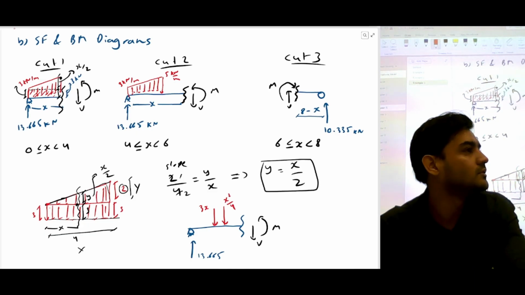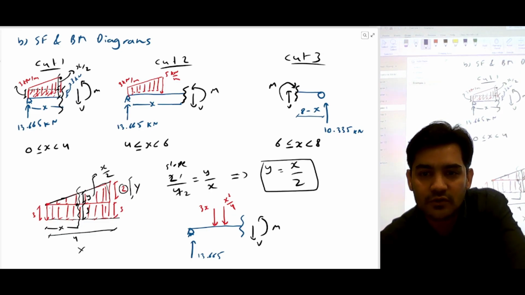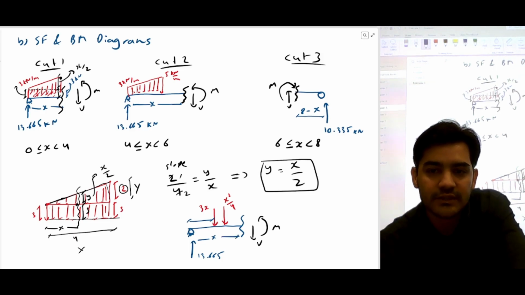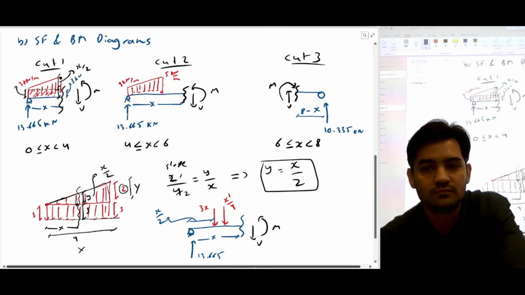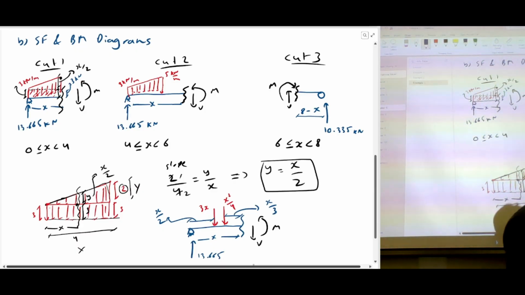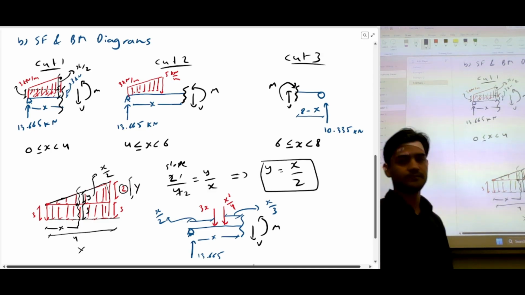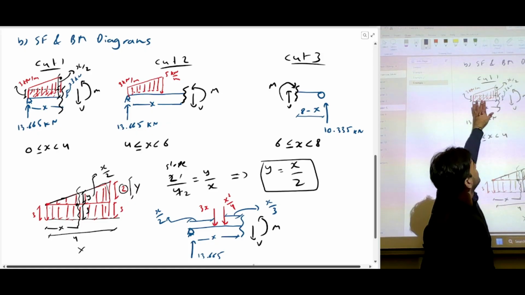We also need to know the distances, right, from here to here. So the distance for this force would be, if this is x, x by 2. And this distance is x by 3. Let me know if there is some confusion. All I have done is break down these two.